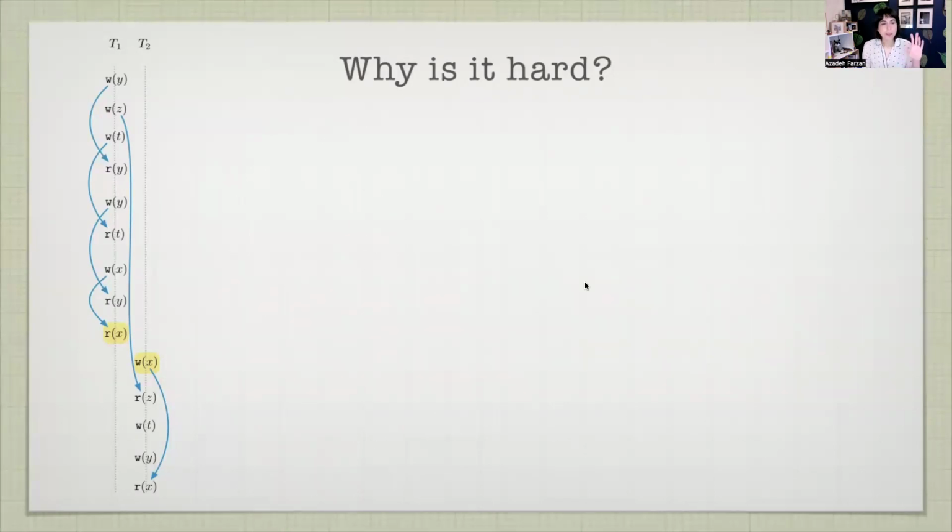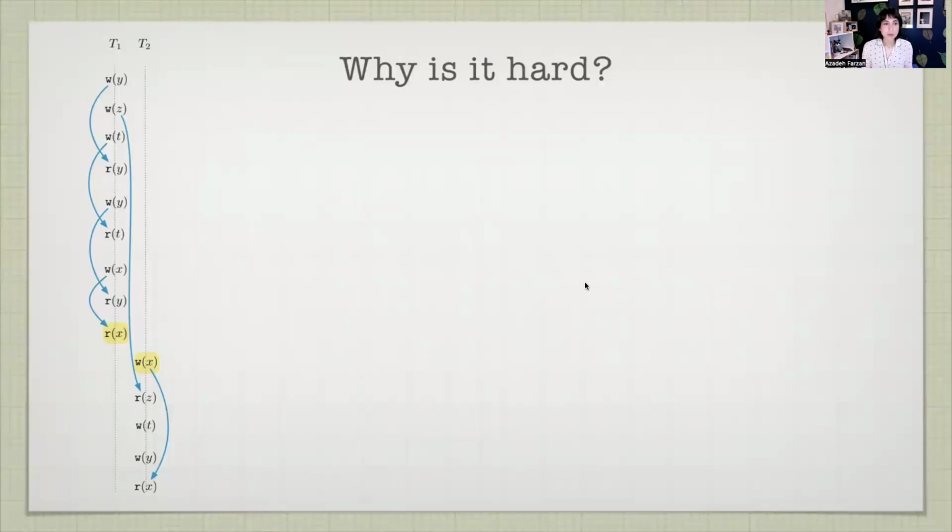The run that you see on the left of the screen has two threads, and the two highlighted events, appearing right next to each other to make this the most dramatic possible, are the ones that we want to query about whether they can be reordered or not. That read X and that write X, okay?